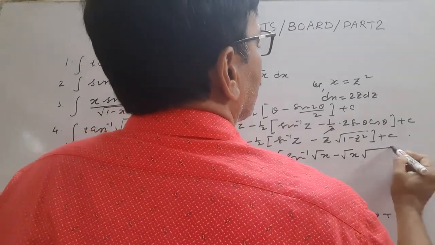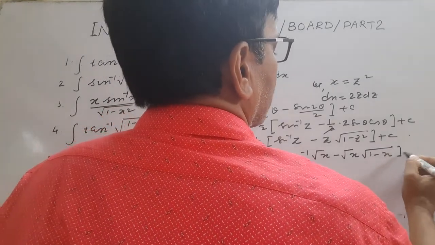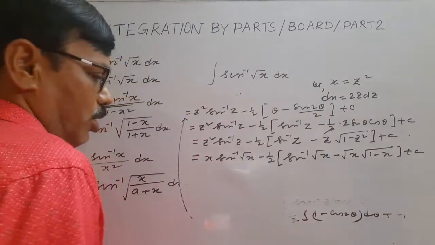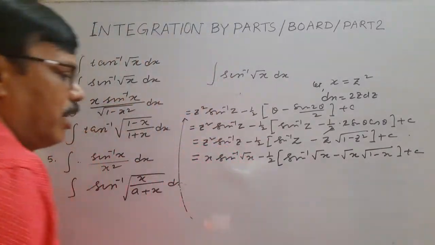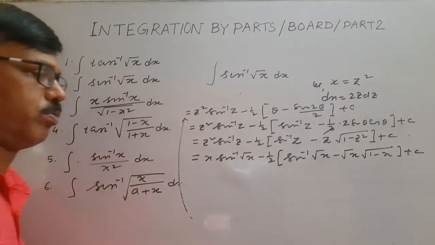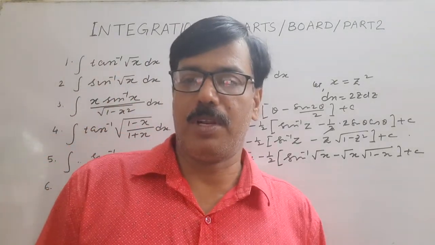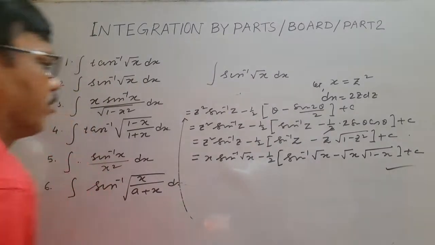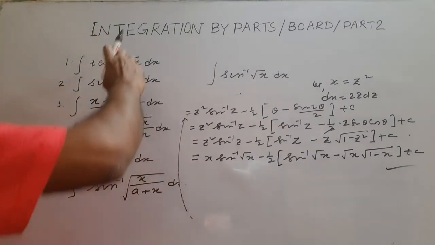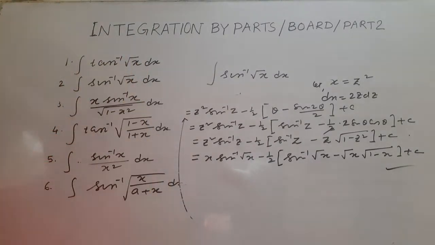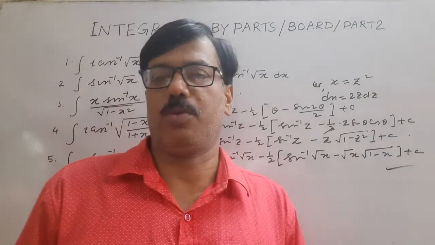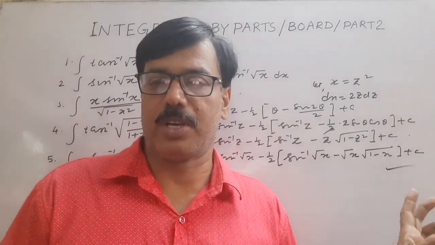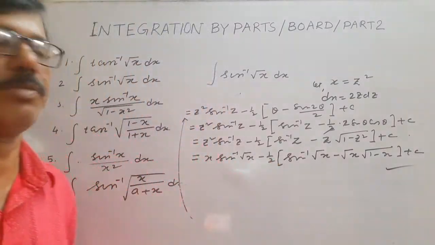And this is root of 1 minus x, plus c. So this is expressed in terms of the original variable x. So this is the final answer. So if the argument contains root or cube root, we put a substitution, then integrate by parts.